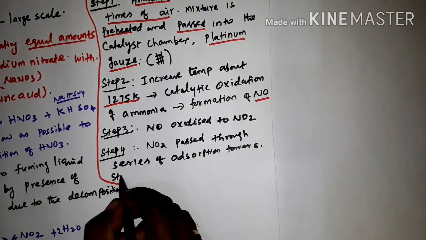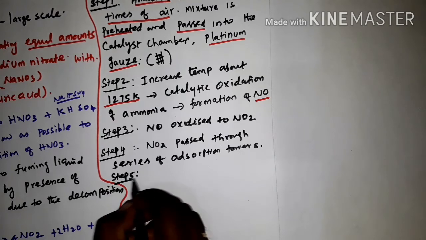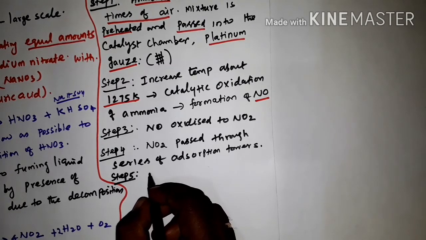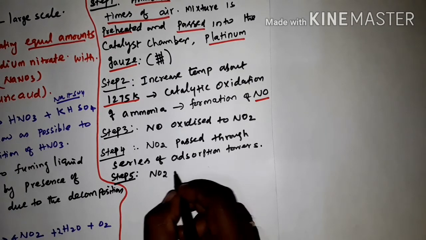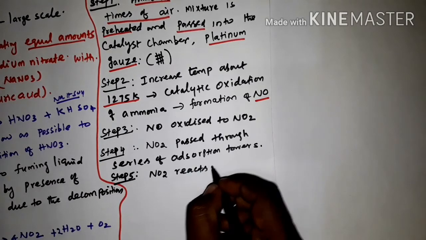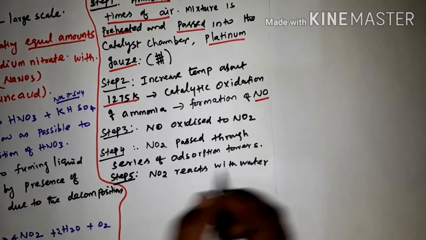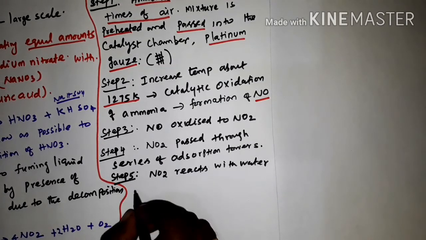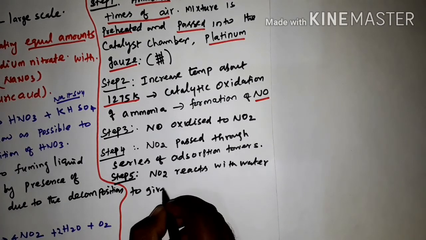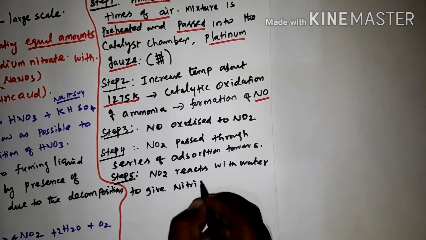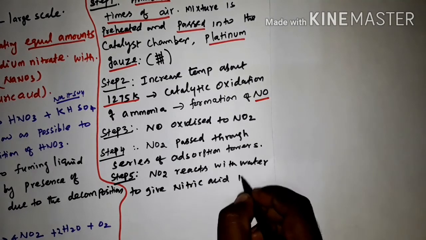In step 5, react with water. So this NO2 reacts with water to give nitric acid, that is HNO3.